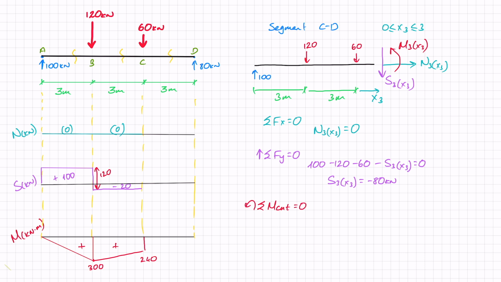And now I've got minus 100 times (6 plus x3), plus 120 times (3 plus x3), plus 60 times x3, and plus M3.